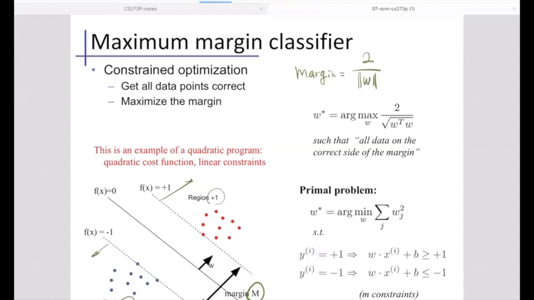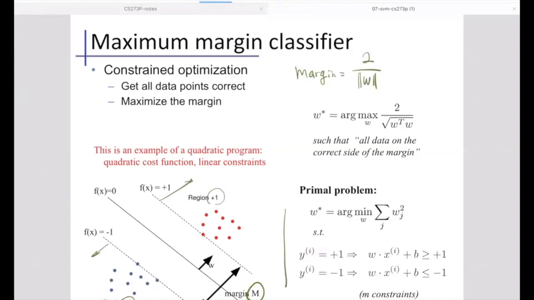By doing that, we formulate the problem as an optimization problem. But different from the previous one, this optimization has a set of constraints. And that was written on this side here.